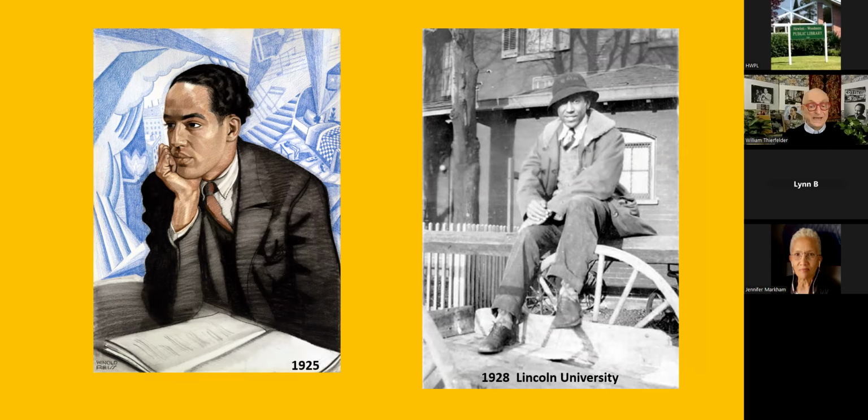Today, that portrait hangs in the Smithsonian Institution's National Portrait Gallery. And on the right of your screen, you see Hughes in his senior year, 1929, at Lincoln University. But this is a photo taken in 1928. He graduated in '29.